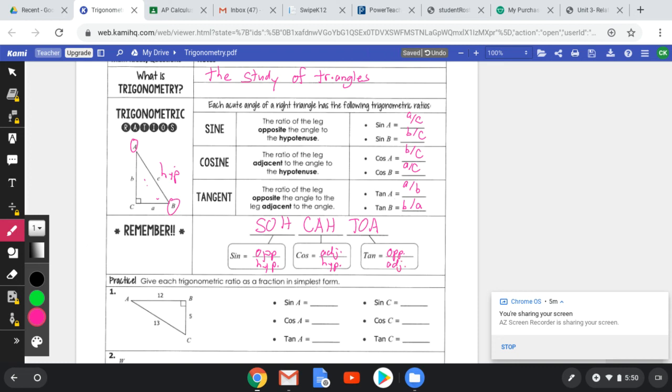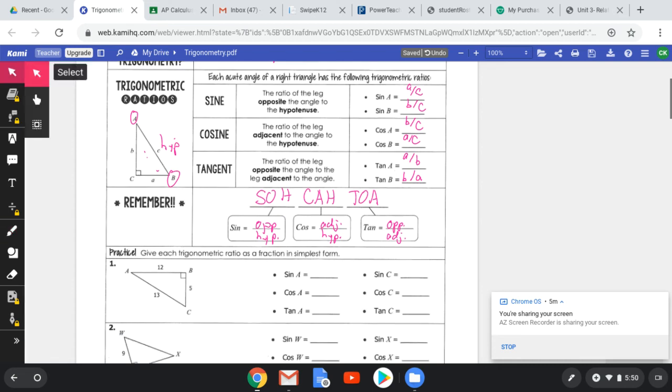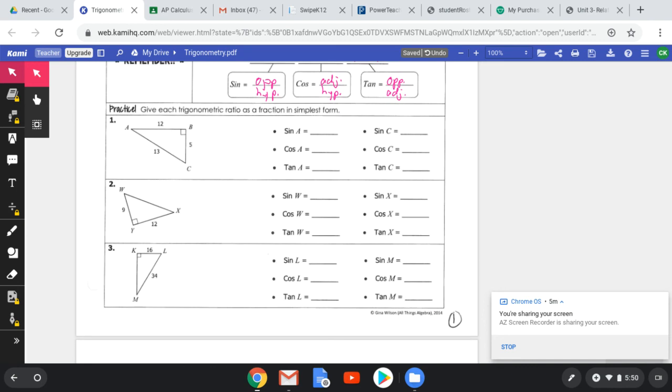Okay, let's look at some examples just for the ratios. In number 1, given each triangle, find each trig ratio as a fraction in simplest form. First is sine of A. A is right here.